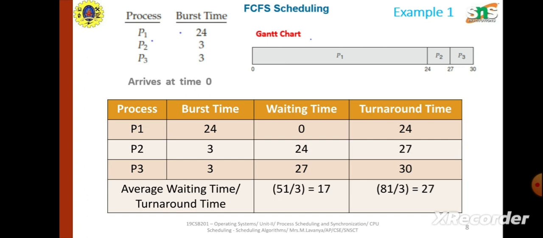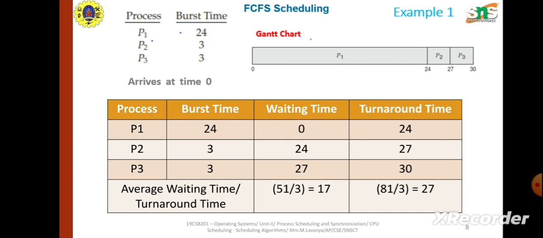Then for process P2, same formula, waiting time plus burst time. The waiting time of process P2 is 24 plus its burst time 3. So a total of 27 is the turnaround time of P2. Then for P3, the waiting time of P3 is 27 plus its burst time 3. So 27 plus 3 equals 30. It's the turnaround time for P3.